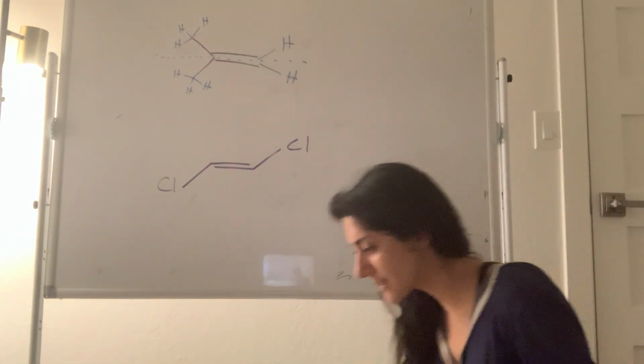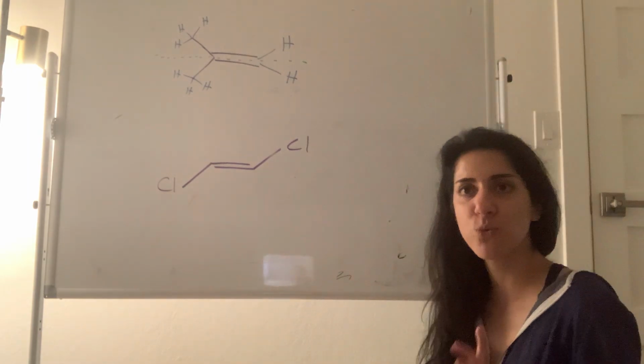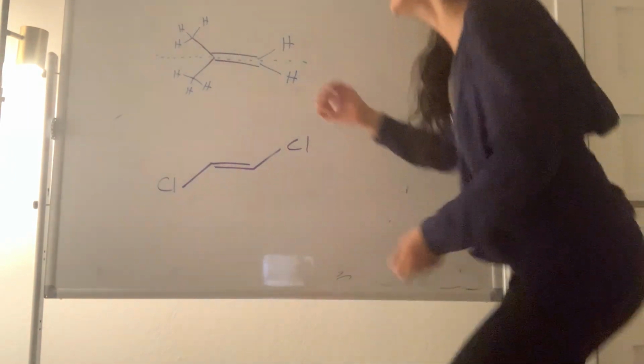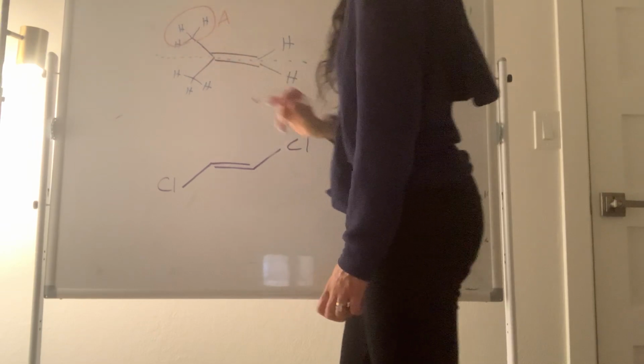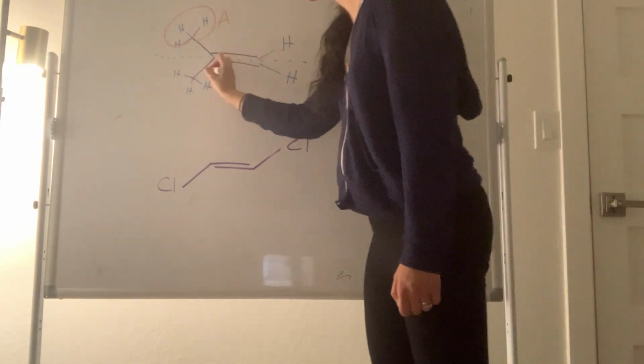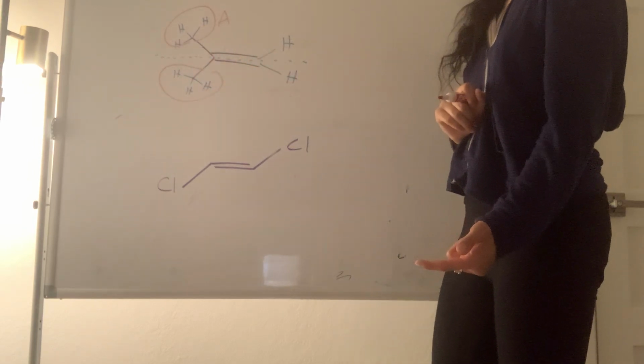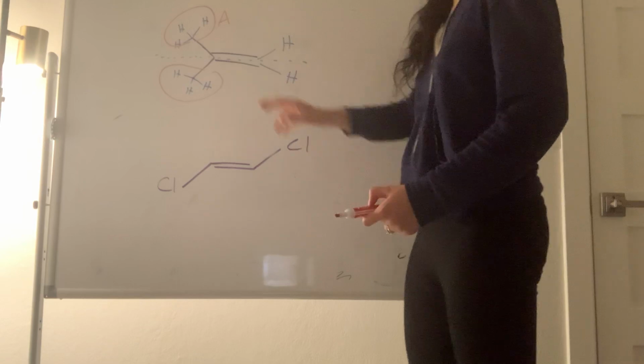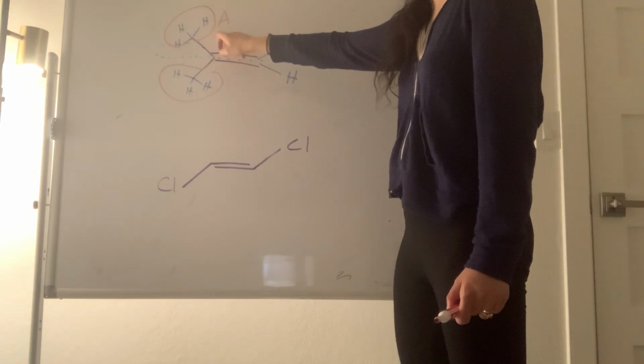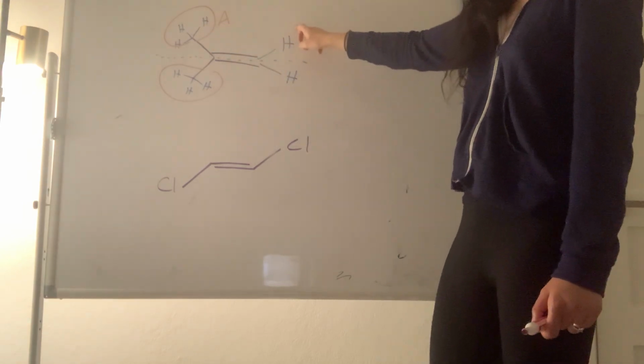But if you're not good at seeing the symmetry, let's go over each one anyway. So these 3 are attached to the same carbon. This is one unique set of protons. How about this one? Is this one unique or not unique? Well, let's see. What is cis to this? Hydrogen.